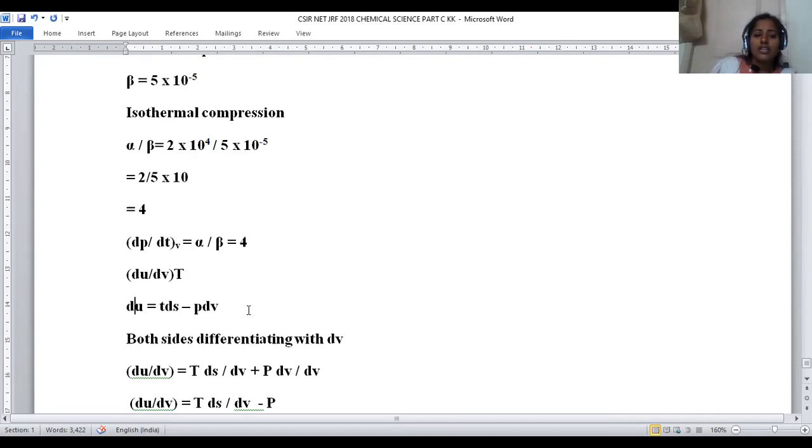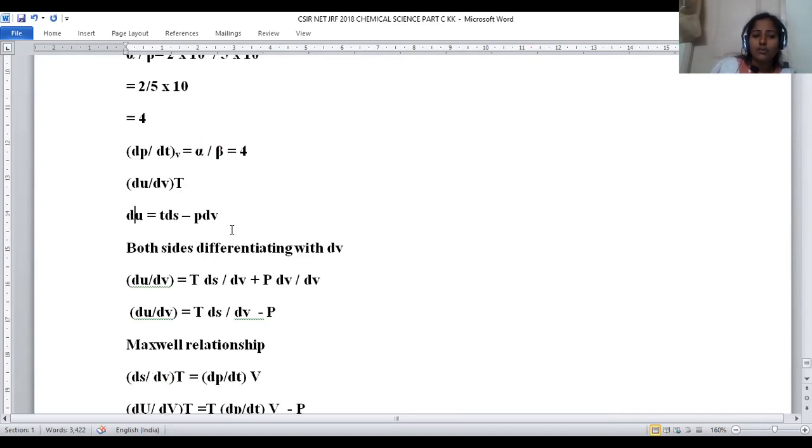Let us differentiate both the sides with dV, right? So when we differentiate, dU by dV is equal to TdS by dV minus PdV by dV. Both sides we are differentiating with dV. dV got cancelled.